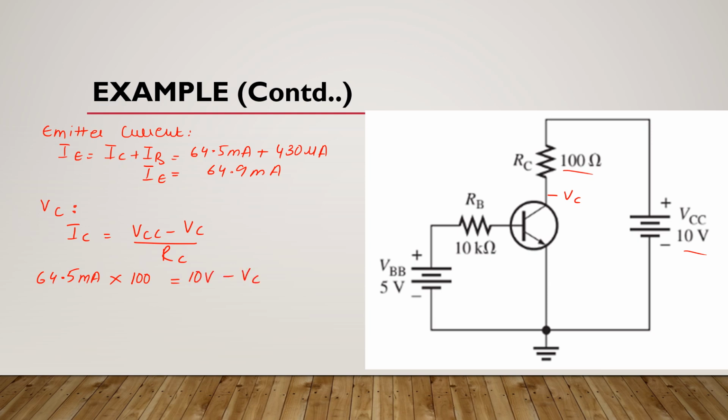Now if we rearrange this equation, we get VC is equal to 10 minus 6.45, and it will give you VC is equal to 3.55 volts. Okay, so this is the value of nodal voltage of collector.